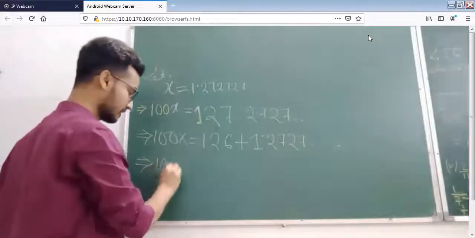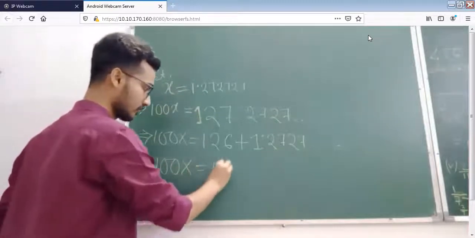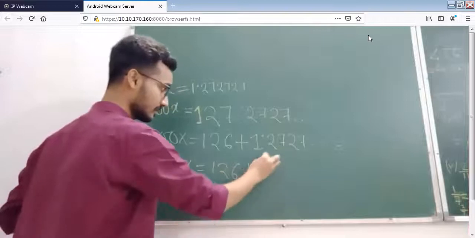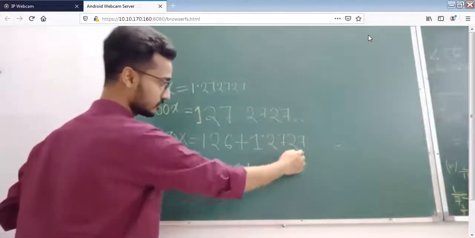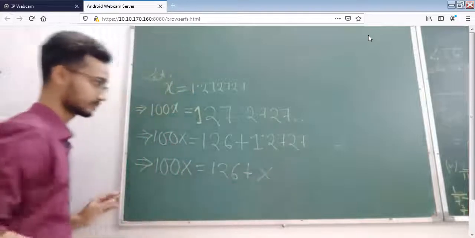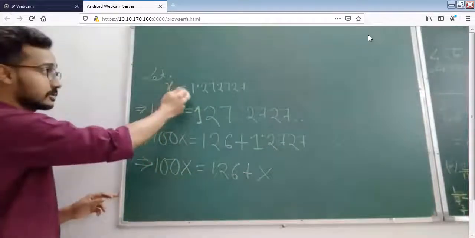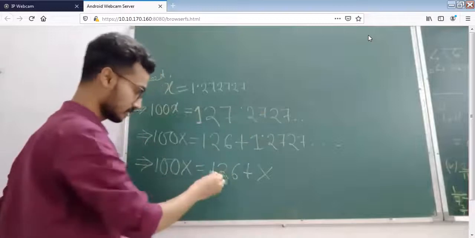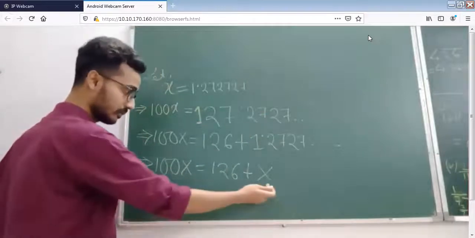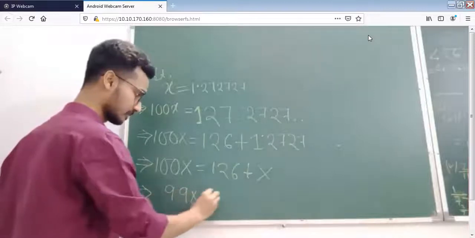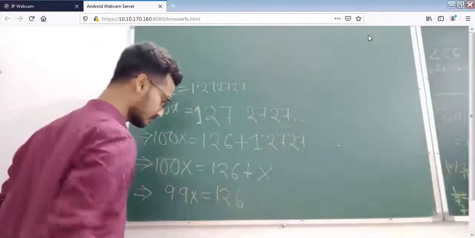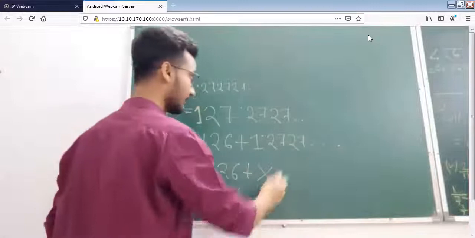That means 100x will be 126 plus x, because we already let x equal to 1.272727. So when you take x to the left hand side, it will be 99x equal to 126.